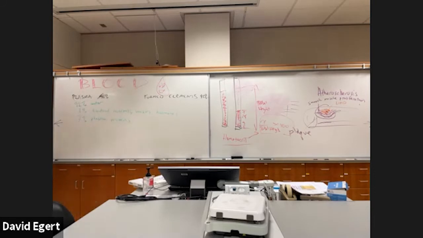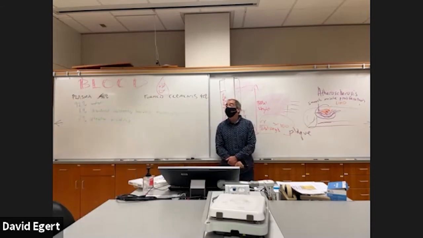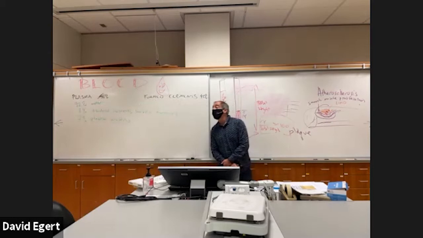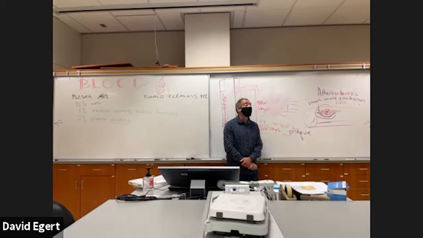These plasma proteins are doing all sorts of things. You've already met some of them in the renin-angiotensin mechanism, right? We talked about angiotensinogen just floating around in the bloodstream, ready to go. That's a plasma protein.